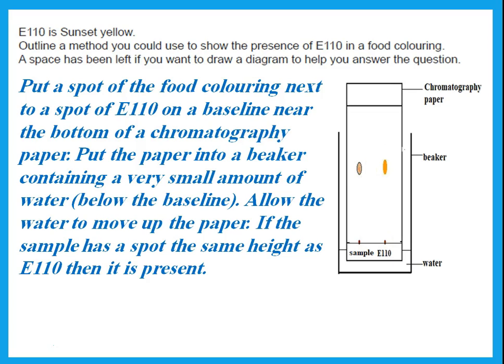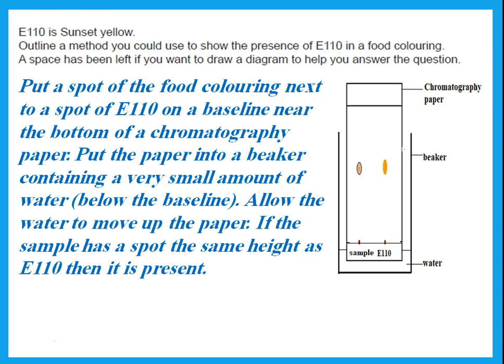And then allow the water to move up the paper. How do I know if I have E110? You have to tell me. So you're explaining chromatography, and you have to tell me, okay, I've done it, so what should I see? You should know that if the sample has a spot the same height as the E110, then it has E110.